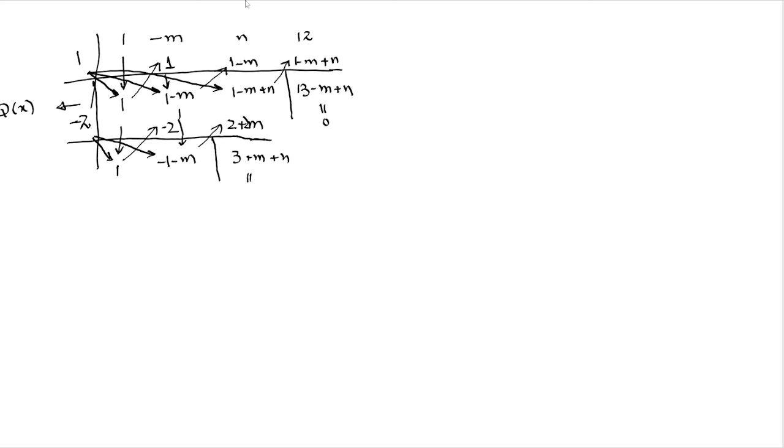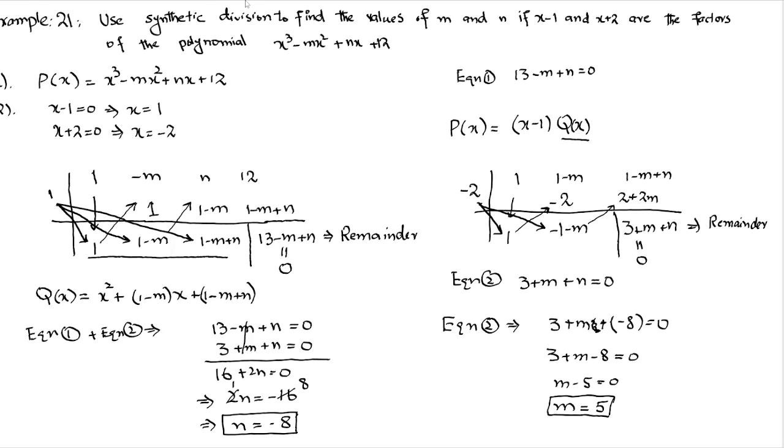And for the second factor, this equation will be equal to 0. So we can perform the division in a single table instead of going for two tables as we had done. We have performed the division of p of x by the first factor x minus 1 is equal to 0, and then the intermediate polynomial was represented with q of x, which was then divided by the second factor, because the polynomial p of x will be the multiplication of the first factor and the intermediate polynomial q of x.